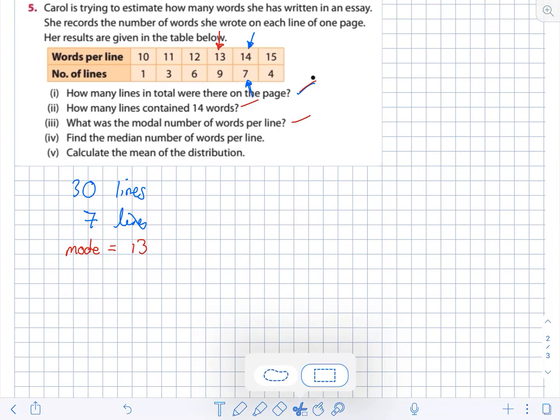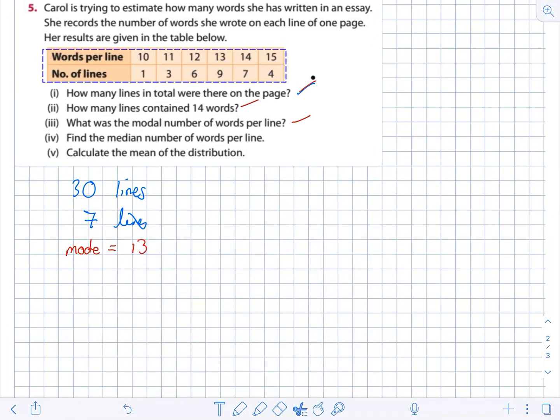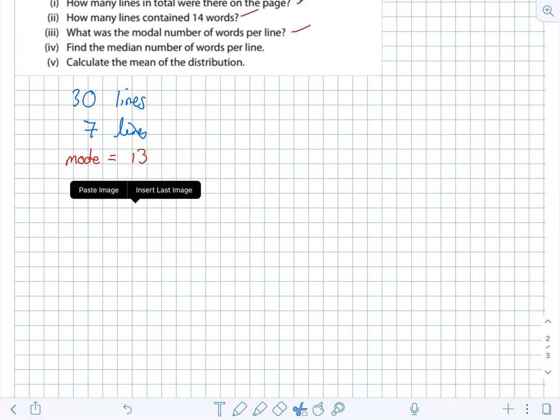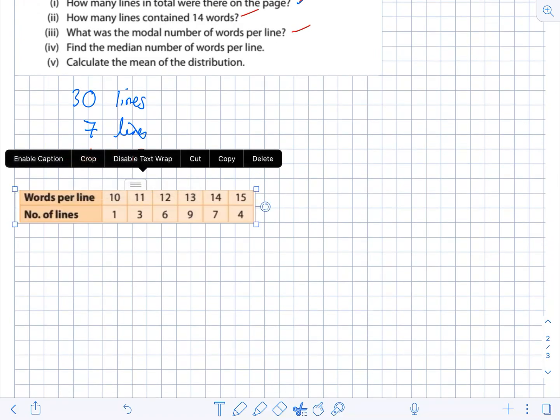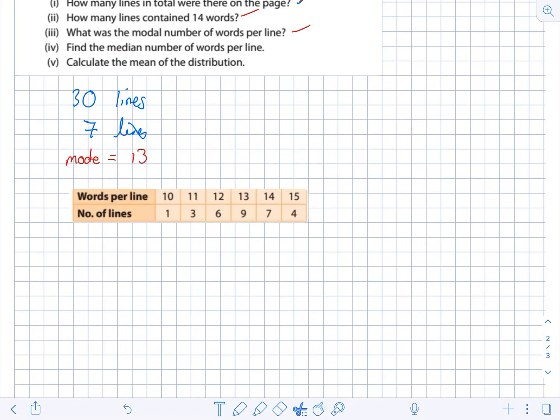So again, I might just try and clear all these out. I think that worked out okay the last time, but I'll try and explain a bit clearer this time. So I have my frequency table here, and we know there's 30 lines.